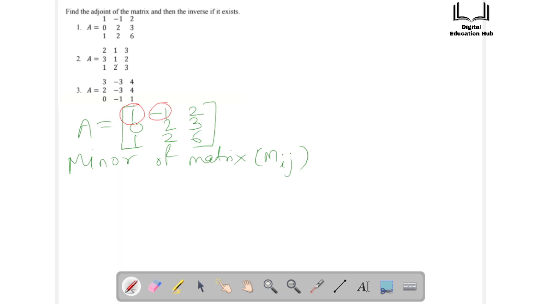First of all, we are going to find the minor for this first one. When I'm trying to find the minor for this one, I can denote this as M11, because this is the first row and first column.